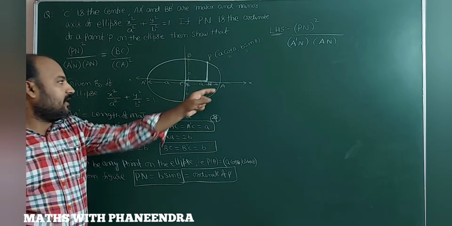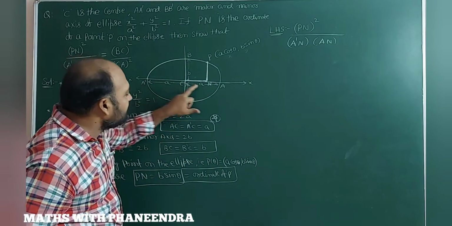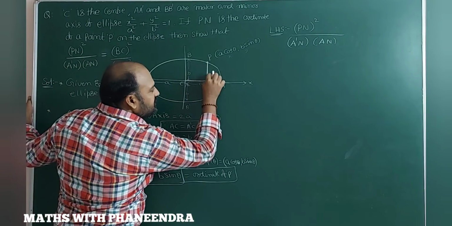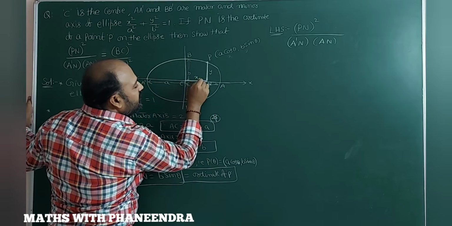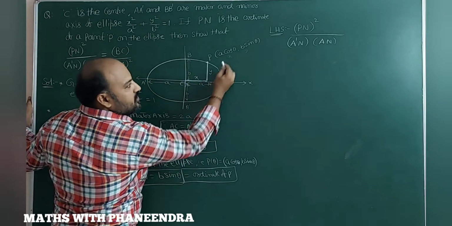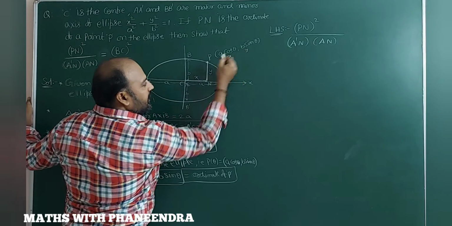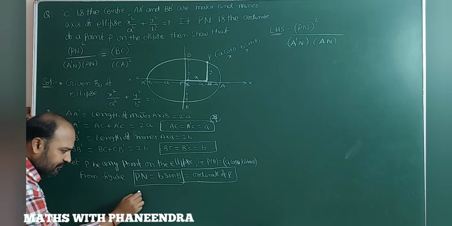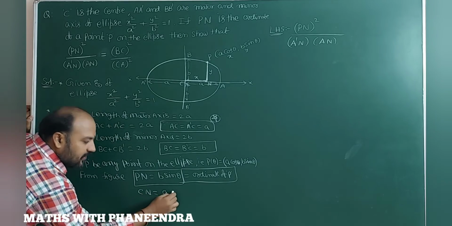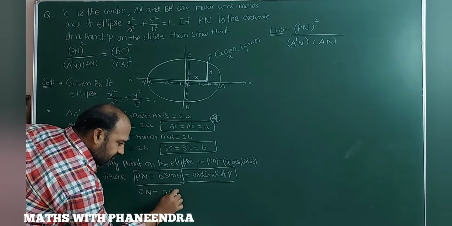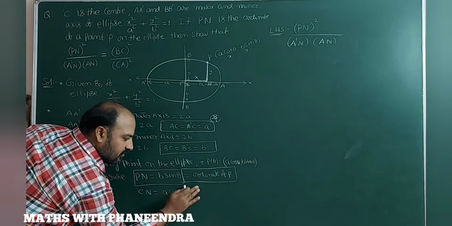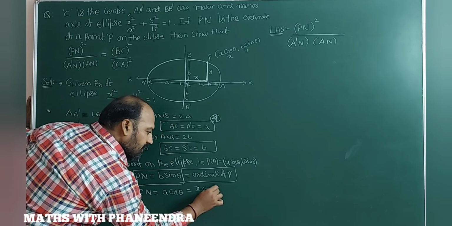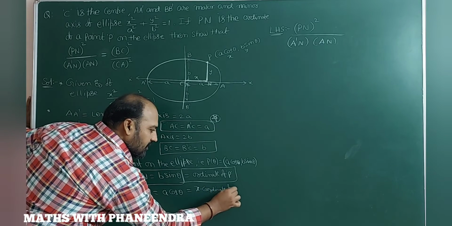Observe, dear students, here, this is the y coordinate, this is the x coordinate now. When the point is here, this is the x coordinate, this is the y coordinate. PN is the y coordinate. CN is what, from the figure? CN is equal to a cos theta. Abscissa, or the x coordinate of P.